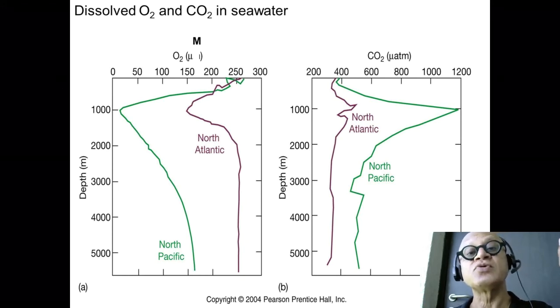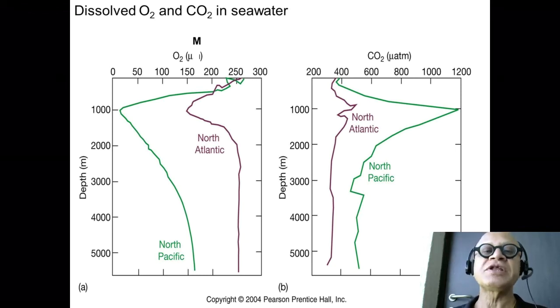Autotrophs are those that produce the energy, heterotrophs are those that consume the energy. So you can immediately jump to CO2 and understand why CO2 is minimum at the surface and increases with depth. We will again see the difference between the North Atlantic and North Pacific, which is like the mirror image of oxygen. Oxygen is high in the North Atlantic, but CO2 is low in the North Atlantic.